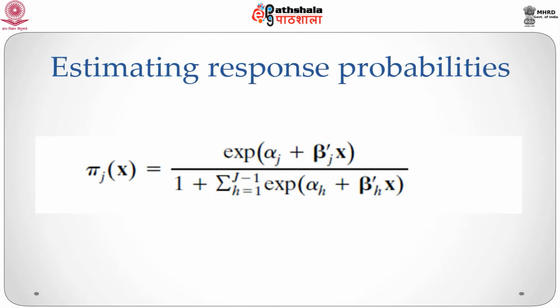The multinomial logit models can be directly modeled in terms of the response probabilities, and the equation is given by pi j of x equal to exponential of alpha j plus beta j prime x, divided by 1 plus summation i equal to 1 to J minus 1 of exponential of alpha i plus beta i prime x. Here alpha of capital J is equal to 0 and beta of capital J is equal to 0. This is necessary for identifiability reasons.